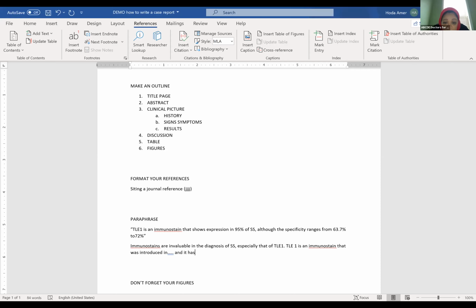and then you can start saying it has a specificity that ranges from 63.7% to 72%. And then you still want to say that it shows expression in 95% of synovial sarcoma, right? So let's see, how should we put this?